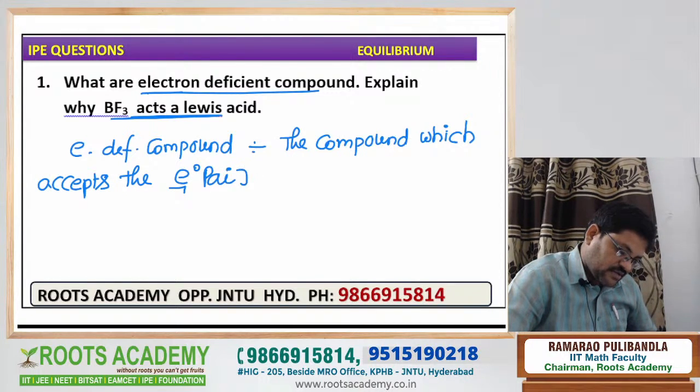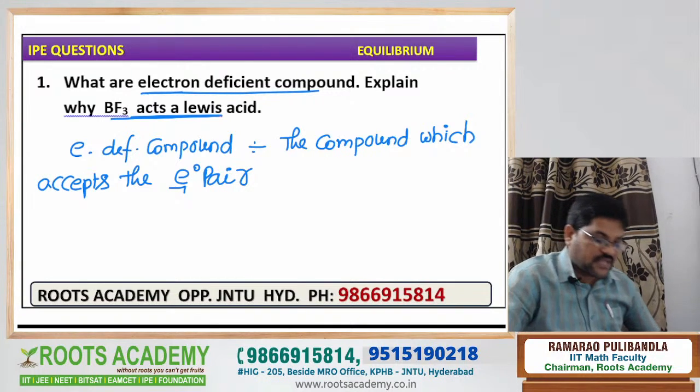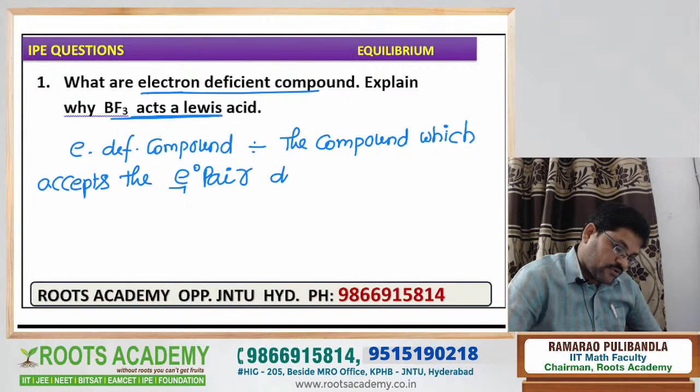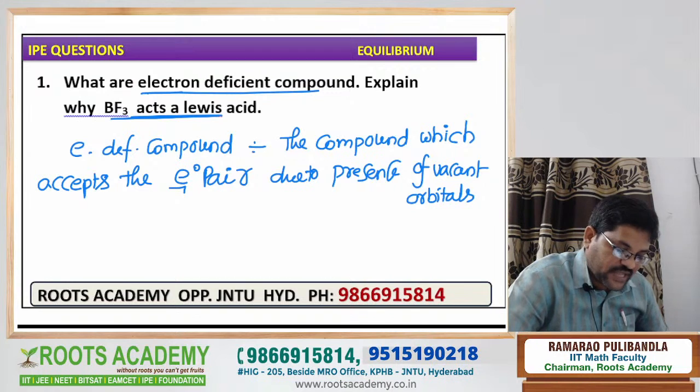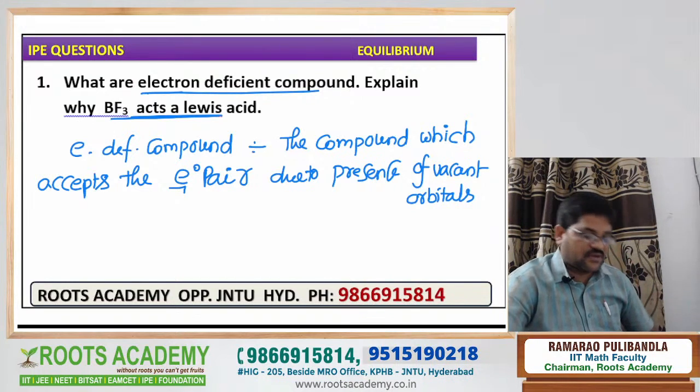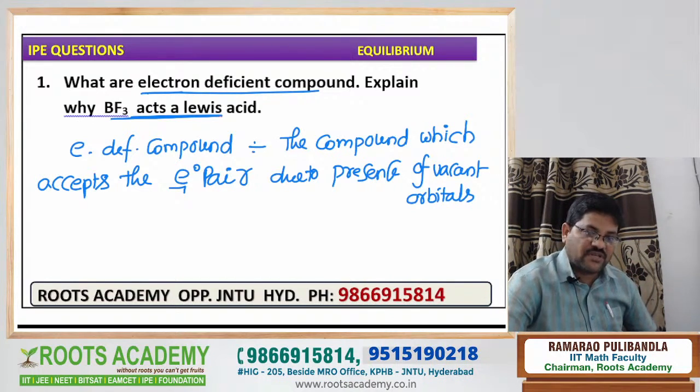The compound which accepts the electron pair is called an electron deficient compound due to the presence of what? Due to the presence of vacant orbitals. So, if any compound has vacant orbitals, it acts as an electron pair acceptor and is called an electron deficient compound.